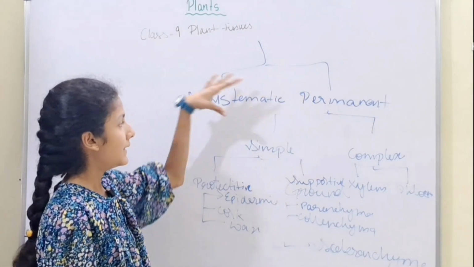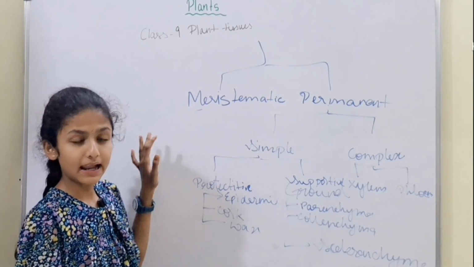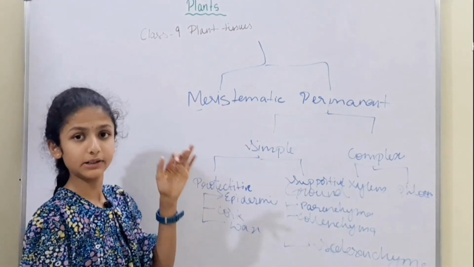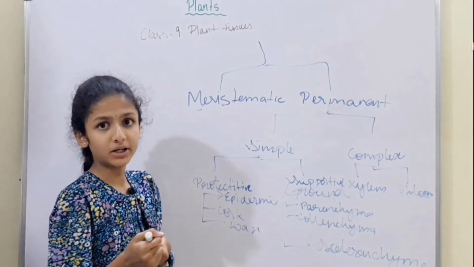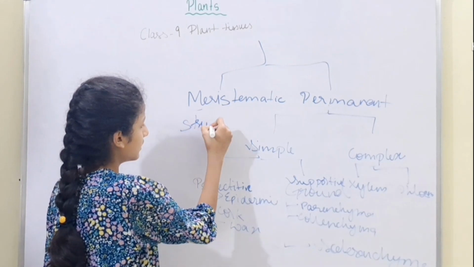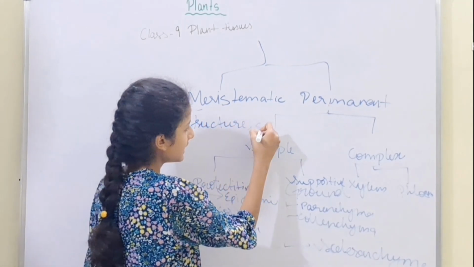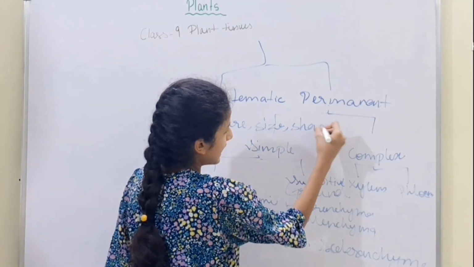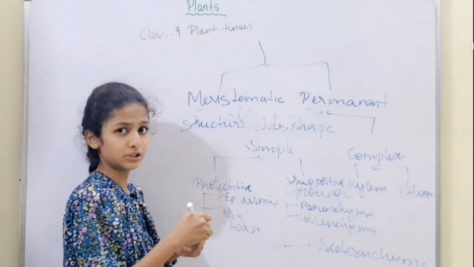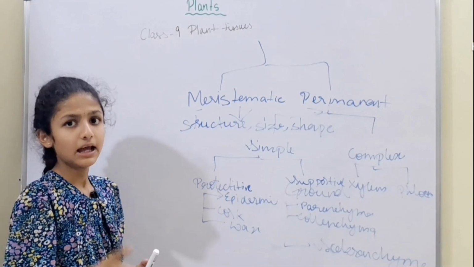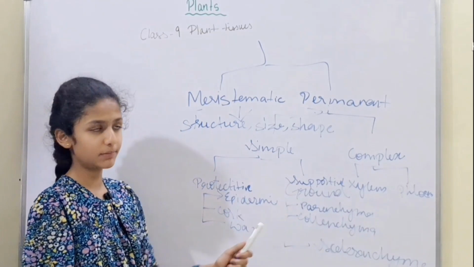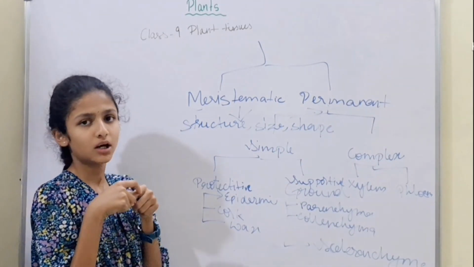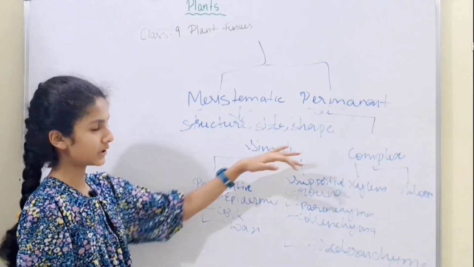And one more thing: when these meristematic tissues lose the ability to divide and acquire a permanent structure, size, shape, they form permanent tissues. Now, in permanent tissues, we have simple permanent and complex permanent.